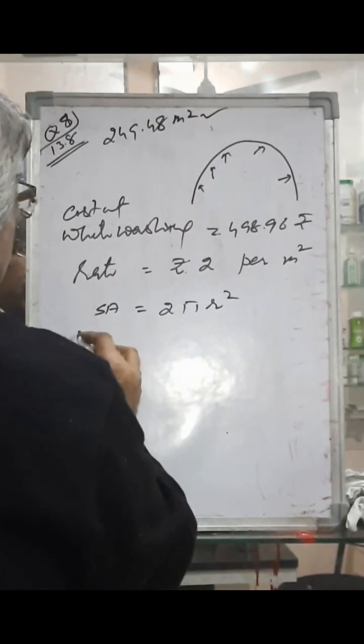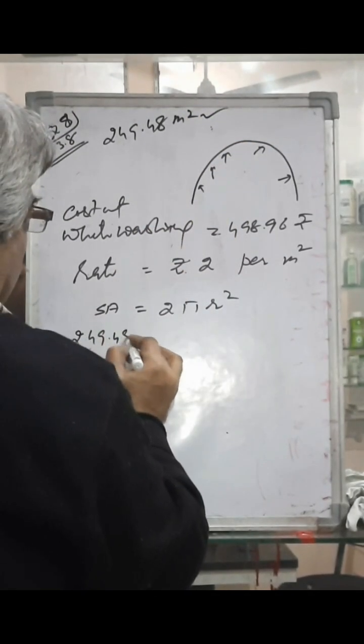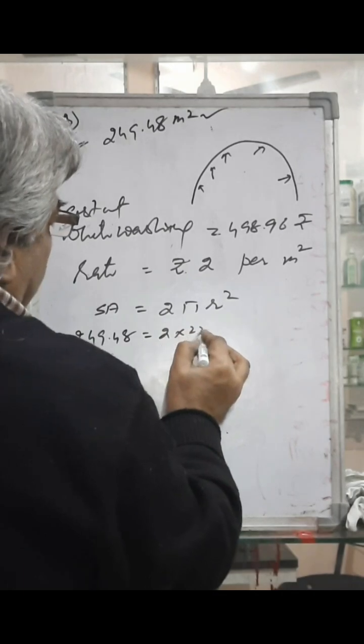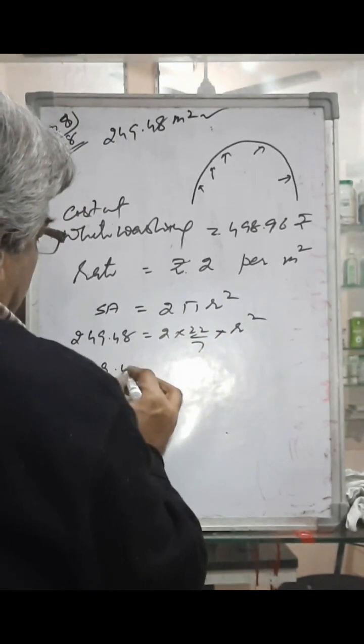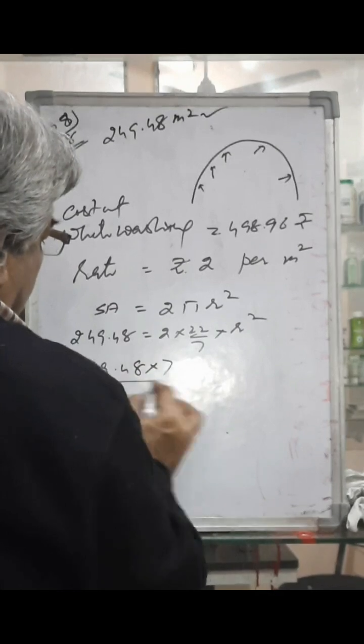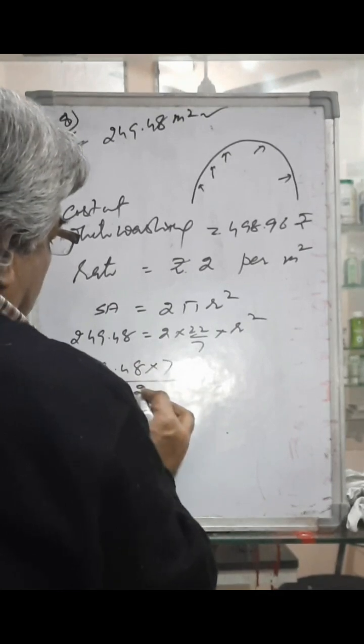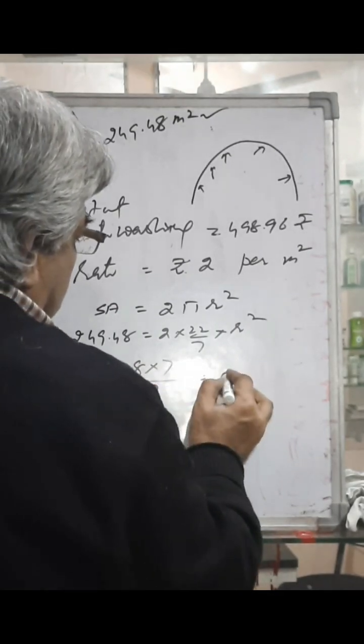Surface area is calculated 249.48, 2 into pi into r square. 249.48 multiply 7 by 2 into 22. This is r square.